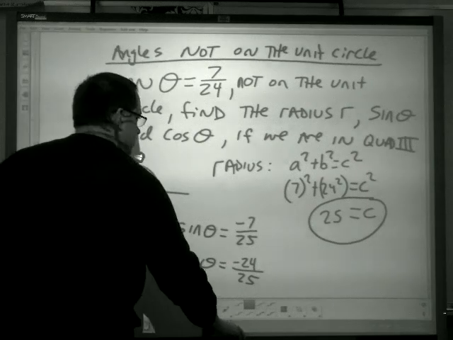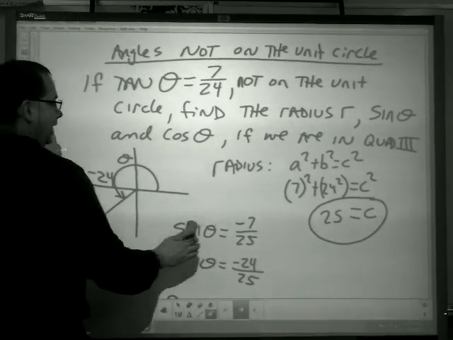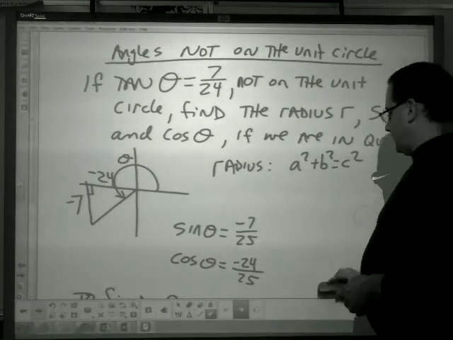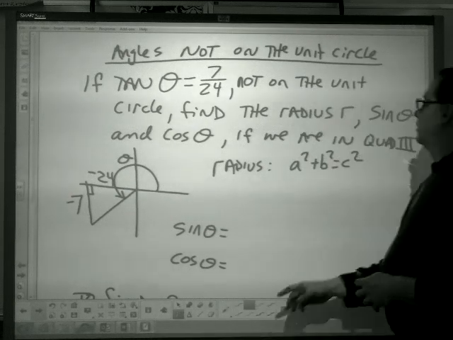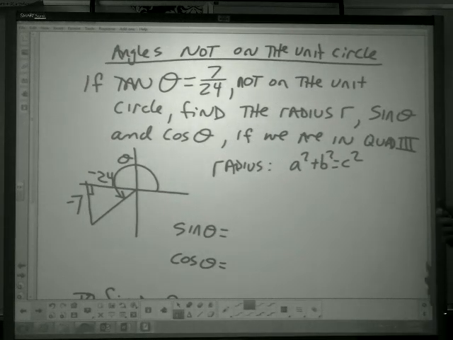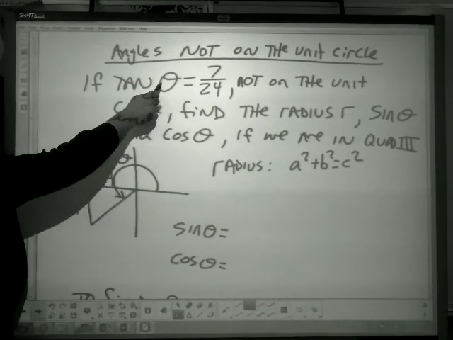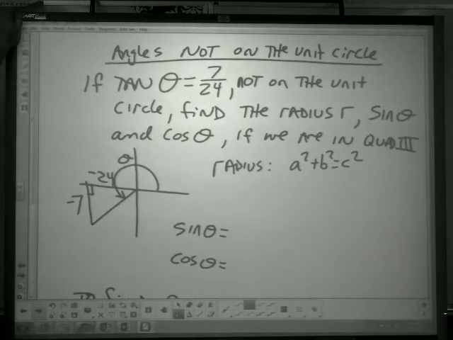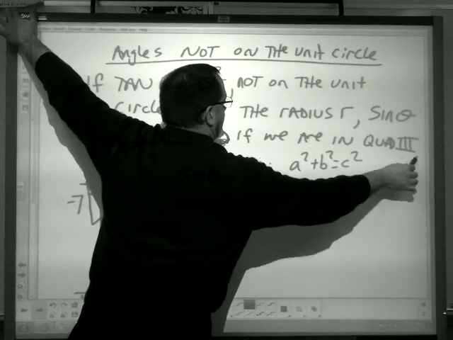Find the radius, and then find sine, cosine, and tangent of theta. So my angle is theta. Tangent is 7/24. And we're in quadrant 3.